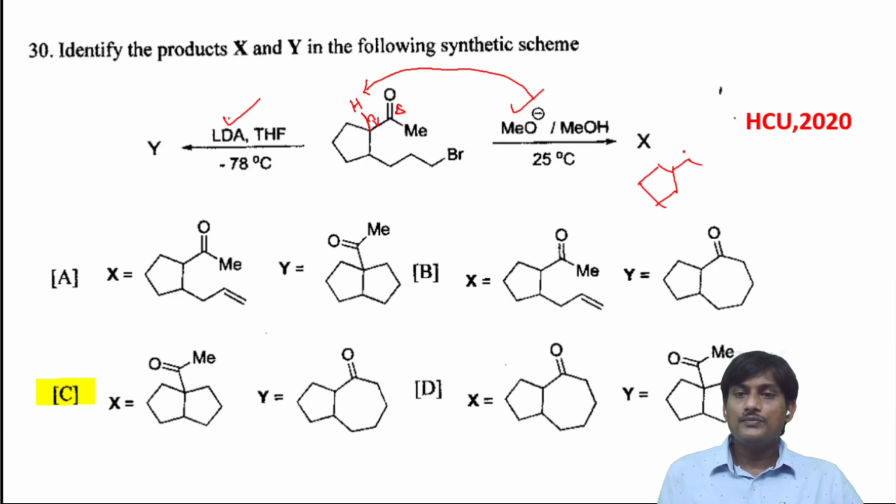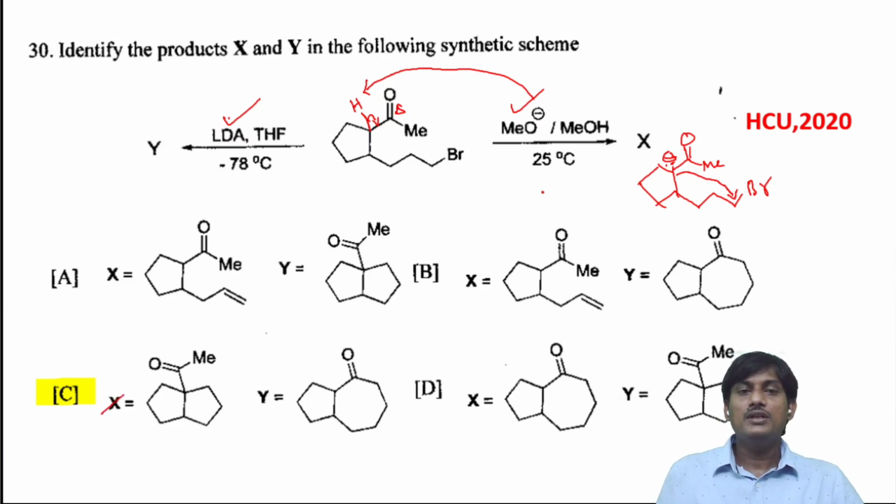So this is Mg and this is a bromine, and here you will get a carbanion. And this carbanion attacks the bromine, and there is a nucleophilic substitution reaction, an SN2 type of reaction, and there is a formation of a ring, and you will get this compound.